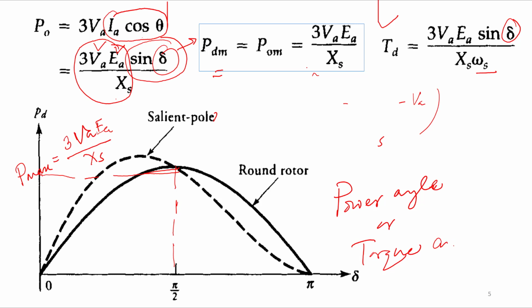Power engineers generally refer to these terms frequently, power angle and torque angle. And of course the maximum torque will be 3 VA EA by XS omega s, right? These are your equations under the approximation that we are neglecting the resistance in the synchronous machine, right?